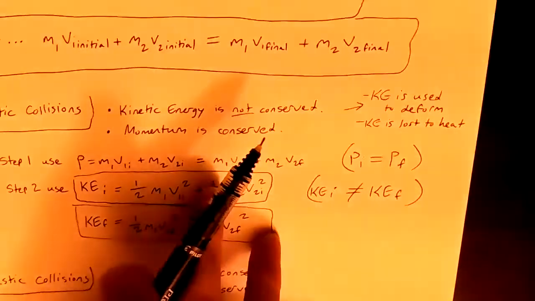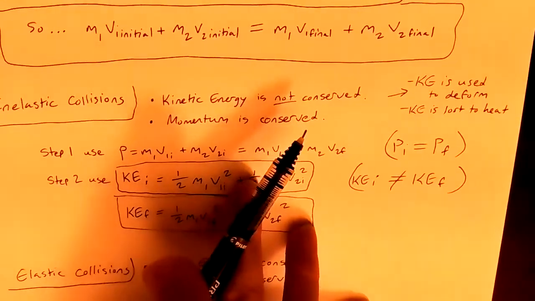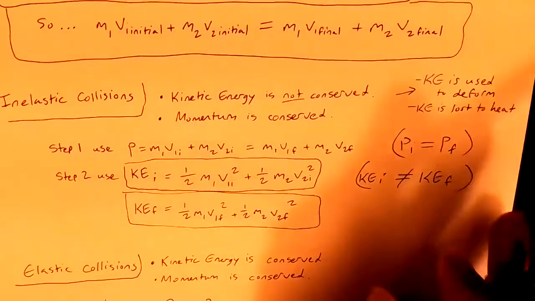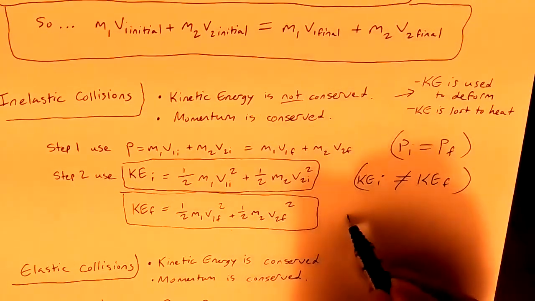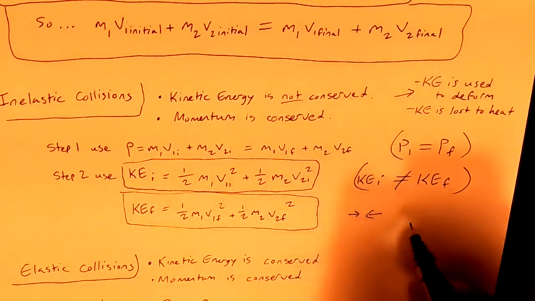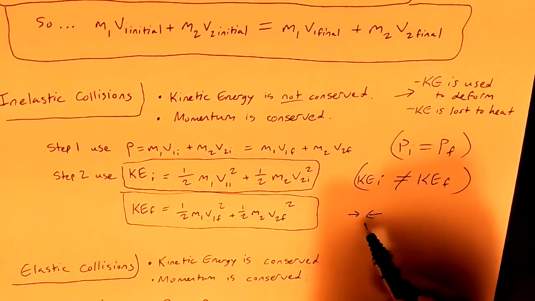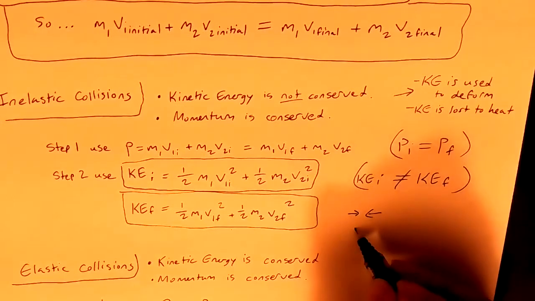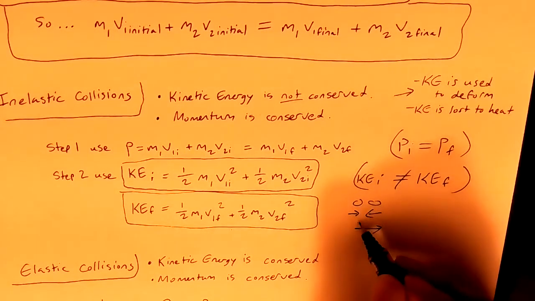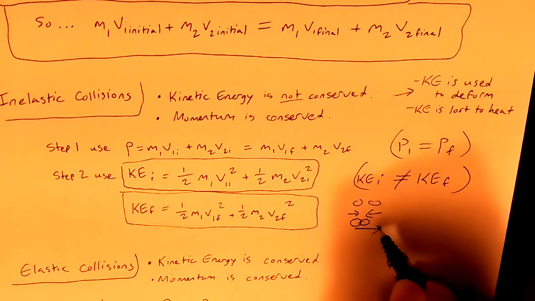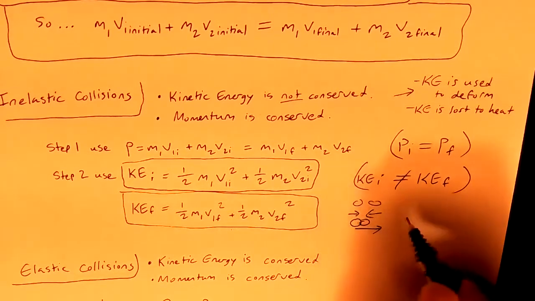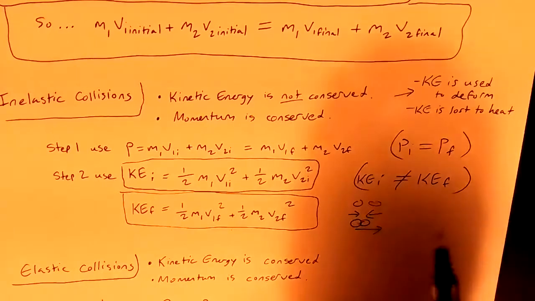And in some of these inelastic collisions, we're going to look at an object that will hit another object, but they will collide and then become one unit. And we'll get to talk about that later.